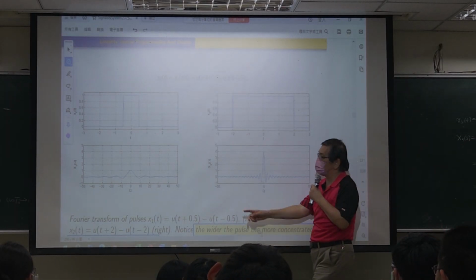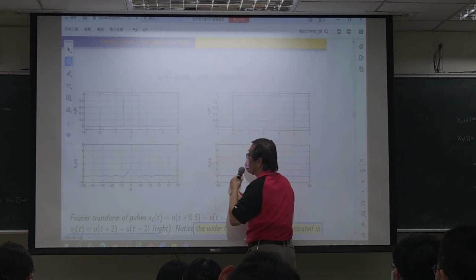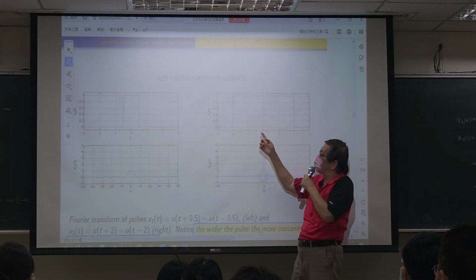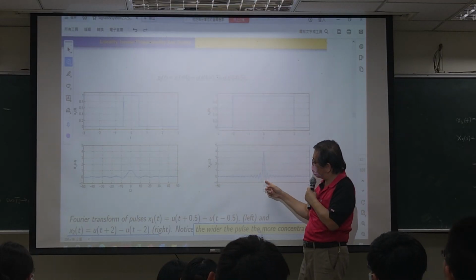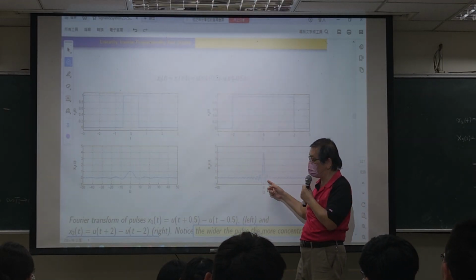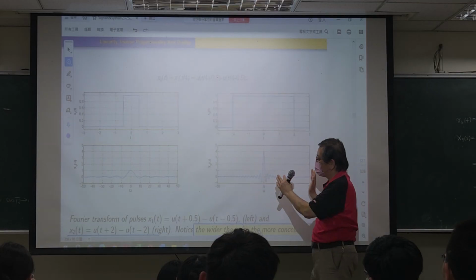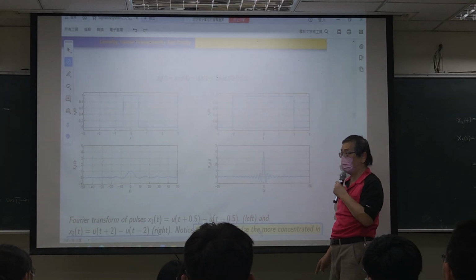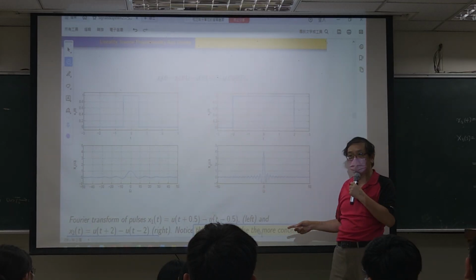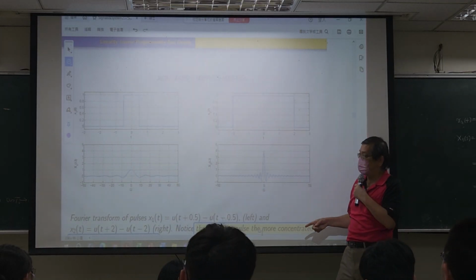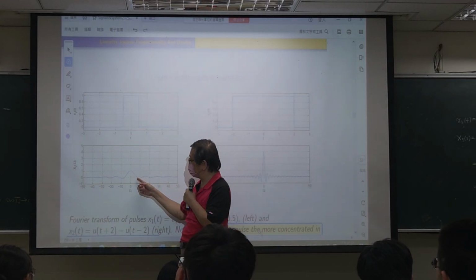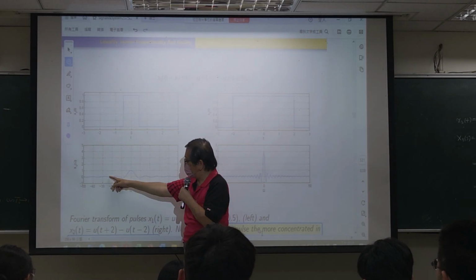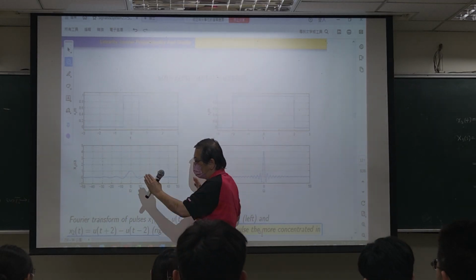So I stretch the function, and the function becomes wider and flatter. If you look at the corresponding Fourier transform, the frequency response is much more concentrated at the center. What is the center? Zero frequency. Look at this one here: the frequency distribution becomes much more even and wider.